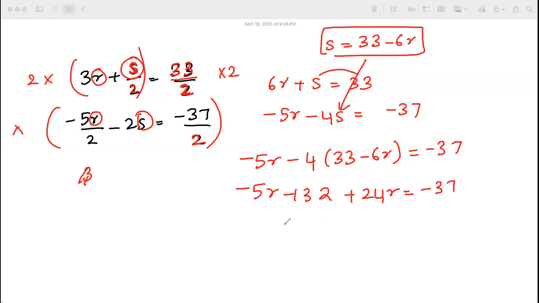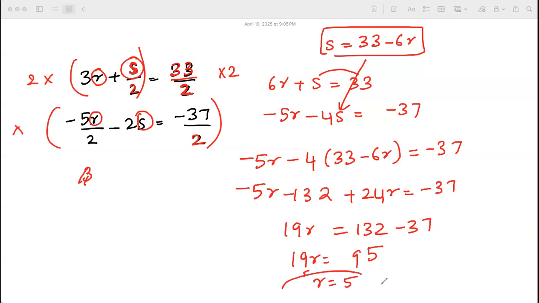Now combining, 19R will be equal to 132 minus 37, which is 95. So R will be equal to 5. I substitute R equal to 5 here. S is equal to 3. That's it.